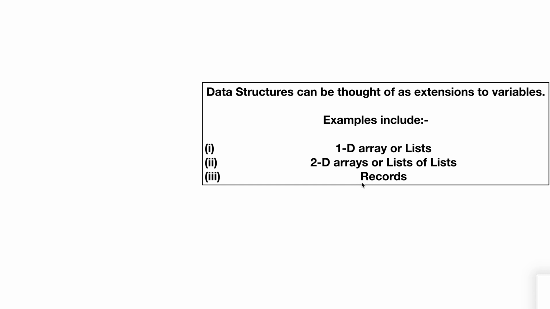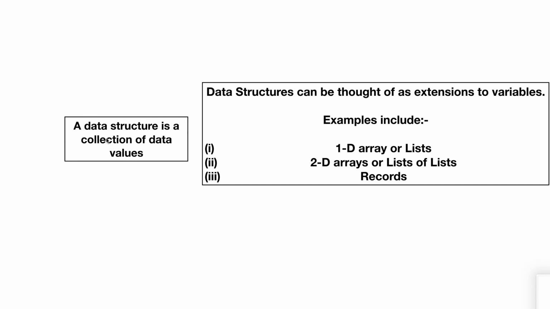There are other data structures called records, and records in fact cannot be implemented in Python, but in various GCSE syllabuses you do have to know about records, so it is here just for the sake of completeness. And there are other data structures apart from this, but these are quite common ones. So as mentioned, a data structure is a collection of data values.